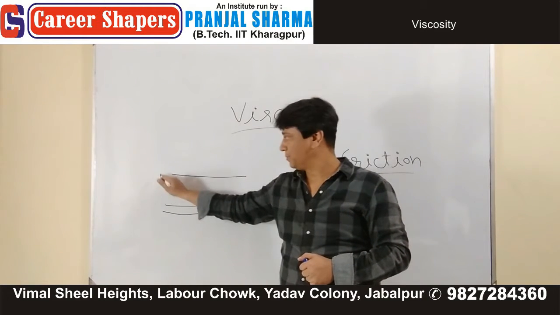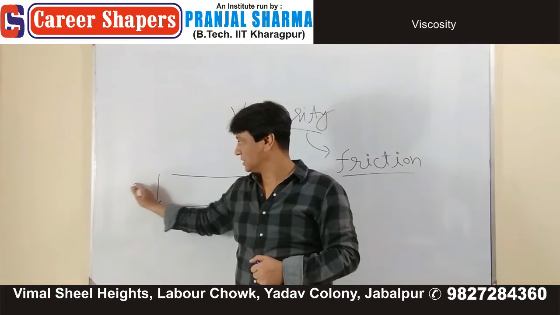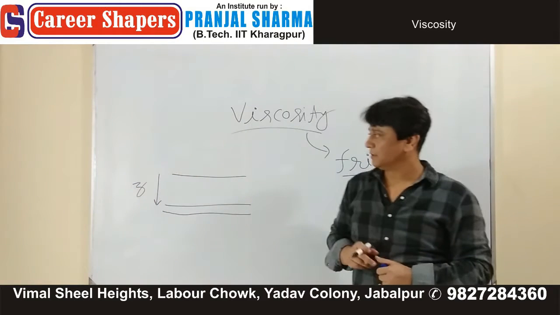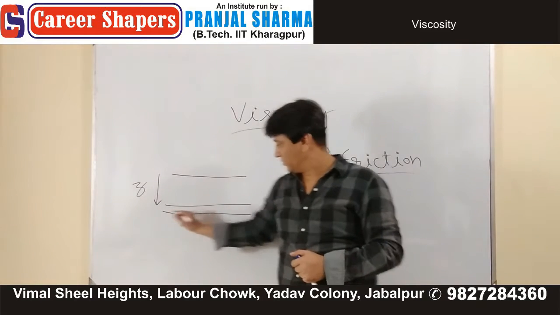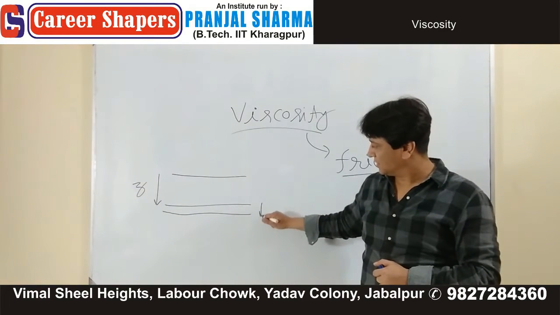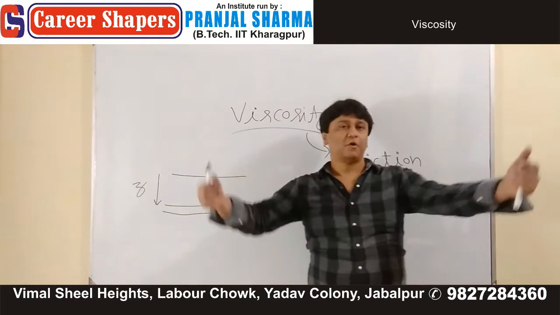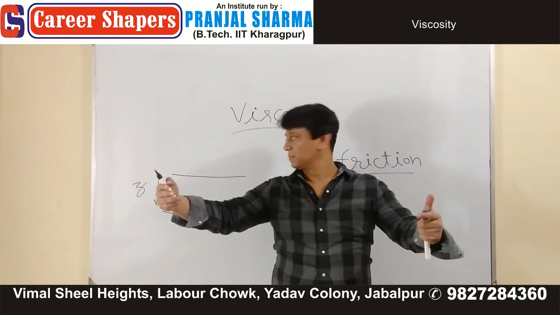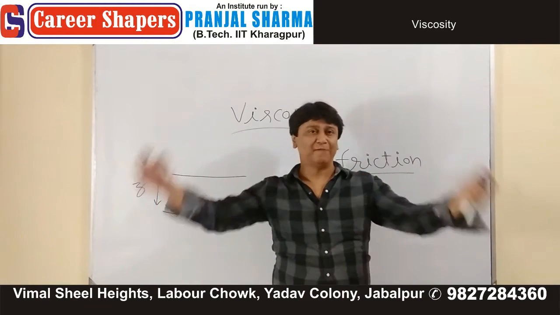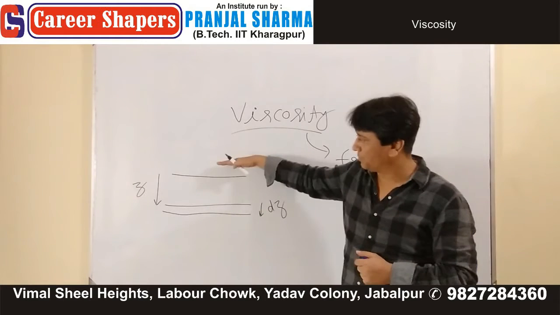From the top, this is Z. This is dz. So you have a big tub type of thing or a tube type of thing which is open at the top.